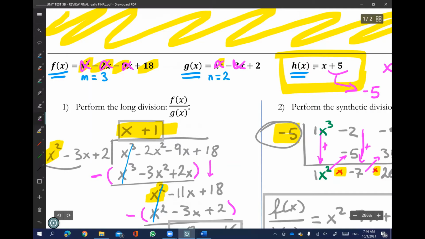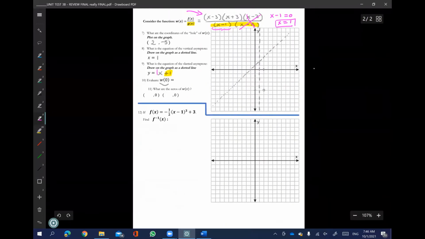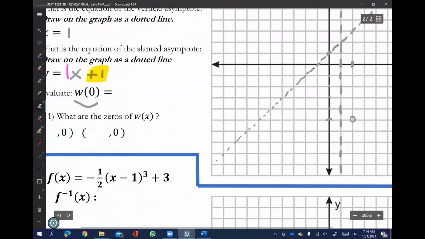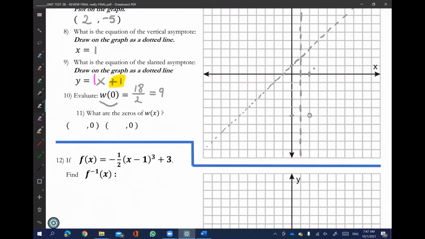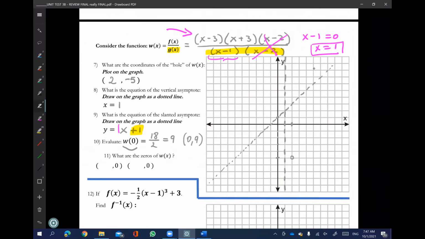And f of x divided by g of x ends up being 18 divided by 2. And 18 divided by 2 equals 9. So this, you don't have to do it, but that will help you plot a point that you know is on the graph. (0, 9) is on the graph. That's the y-intercept. (0, 9), right here.